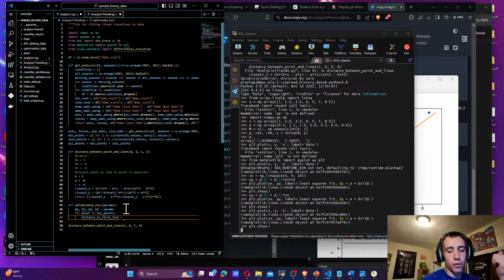alright, so first we want to get whatever the point is, the line point evaluated at x. So we just do distance to first line is m1 times point 0, m1 times the x plus b1.